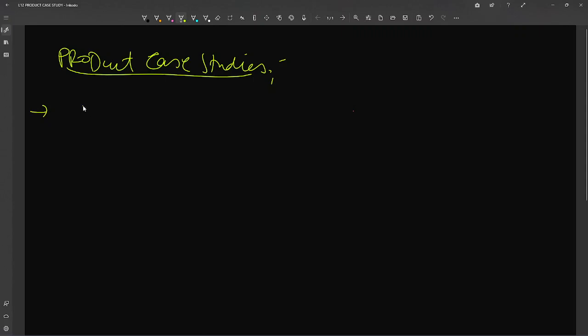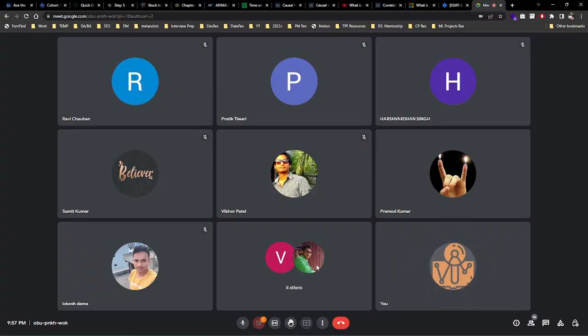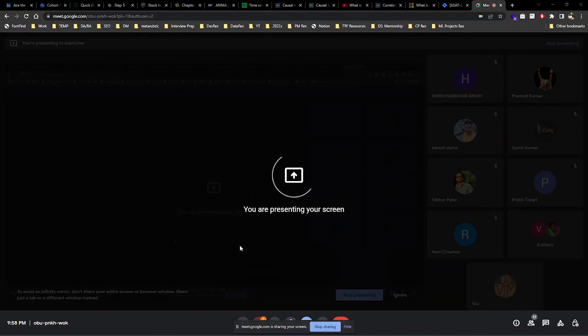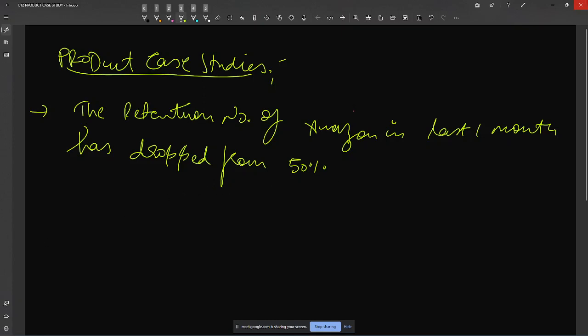Suppose you are working as a product analyst, and the retention number of Amazon in the last 1 month has dropped from 50 percentage to, let's say, 30 percentage.